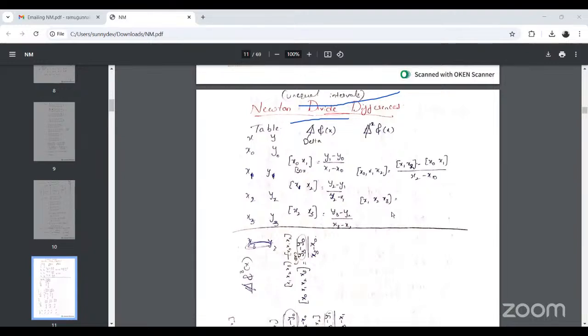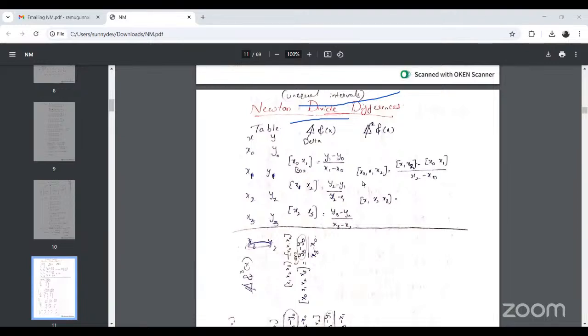So next, this is delta f of x. The bracket of x0, x1 means y1 minus y0 by x1 minus x0. Next, the bracket of x1, x2 means y2 minus y1 by x2 minus x1. And x2, x3 means y3 minus y2 by x3 minus x2.